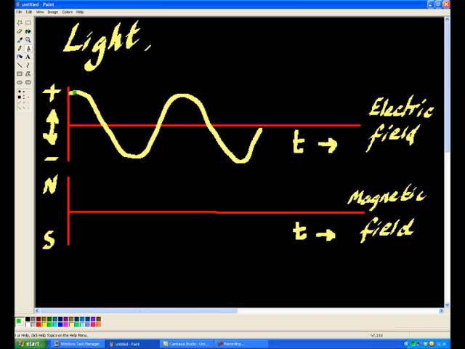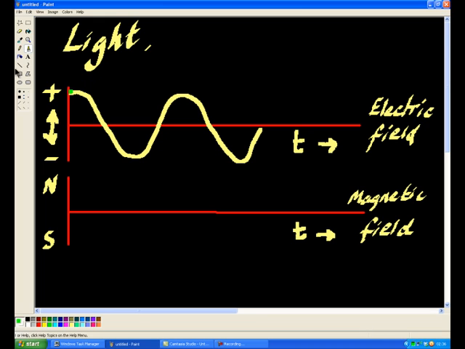If we look at this point here, even though there is a maximum amount of positive charge, there's very little change in charge. Yes, the line is sort of level here, isn't it? Well, that's not a very good line.